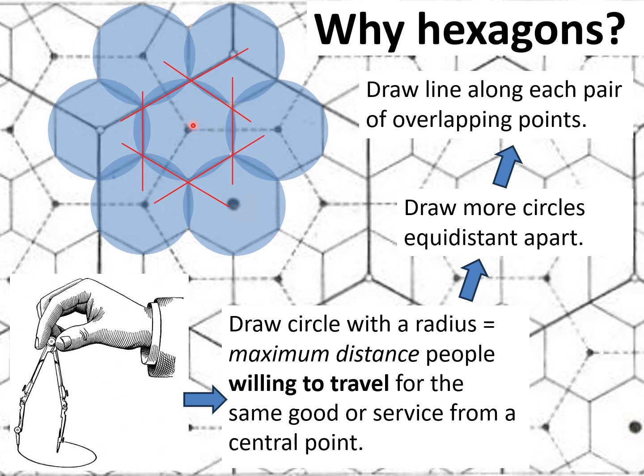Anywhere inside this hexagon, this central point is going to be the place where I'll go to get the good or service, in this case, milk, right? And just to hammer home the point, that's how we get these hexagons from circles.